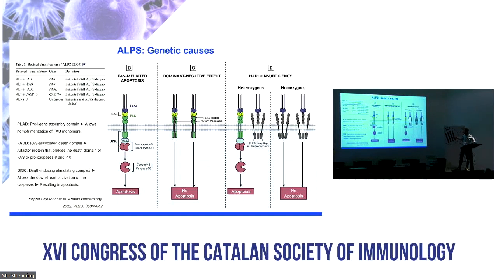and these mutant forms can be incorporated in these homotrimers with a dominant negative effect, meaning that if only one mutant form is incorporated, the trimer is not working.